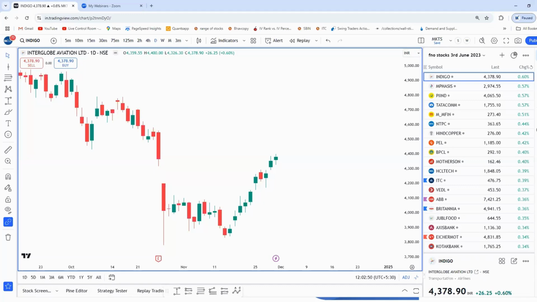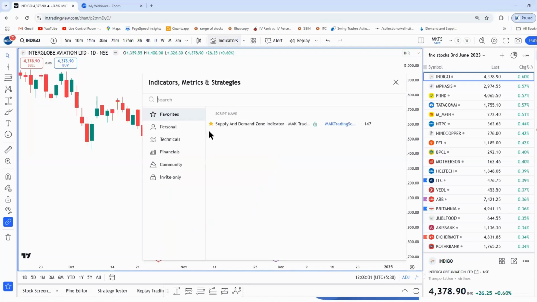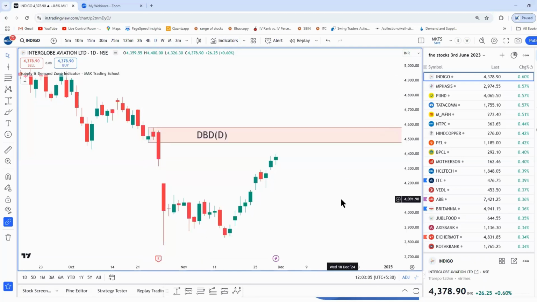So when I started out supply demand trading, there was no indicator as such. So this is a proprietary indicator which me and my team have developed. So let me just apply this indicator on this chart. So supply and demand zone indicator, MAK Trading School. So can you see the indicator has plotted the same level here.